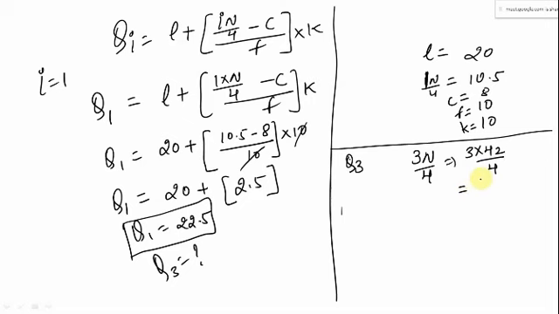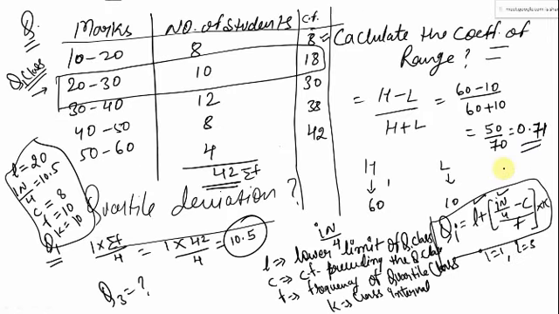Thirty-one point 31.5. So now check the CF just greater than 31.5.